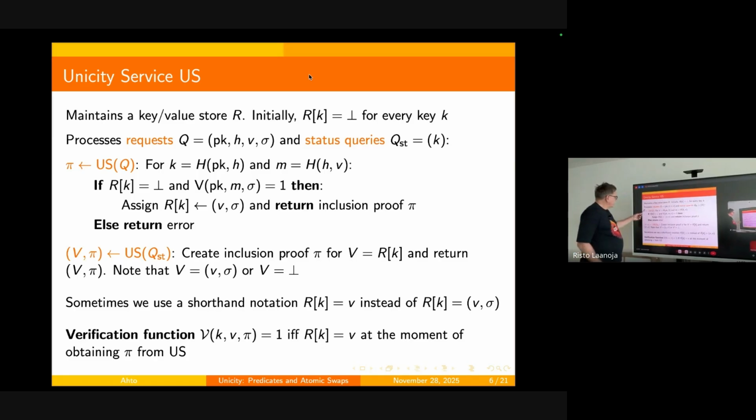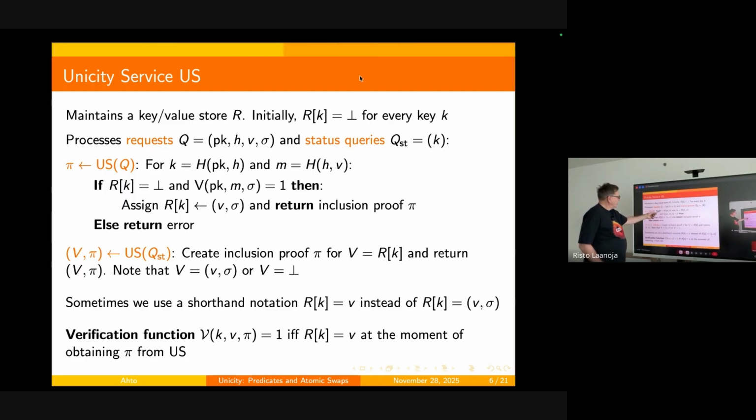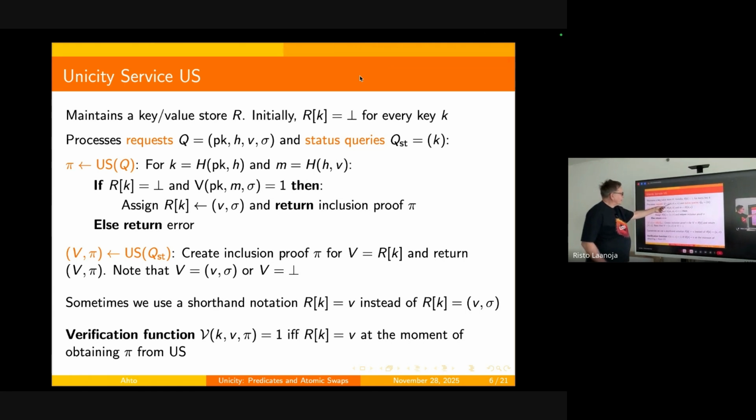So if a request comes, then we compute the key as a hash of the state of the token. Remember that the public key and H form the state. And then we compute the hash M, which is the hash of H and V. And we check whether the place at this key is empty.